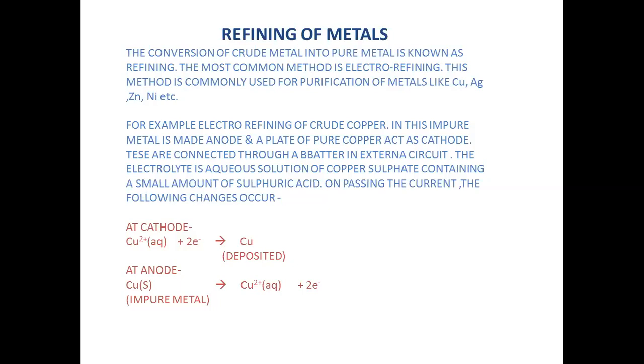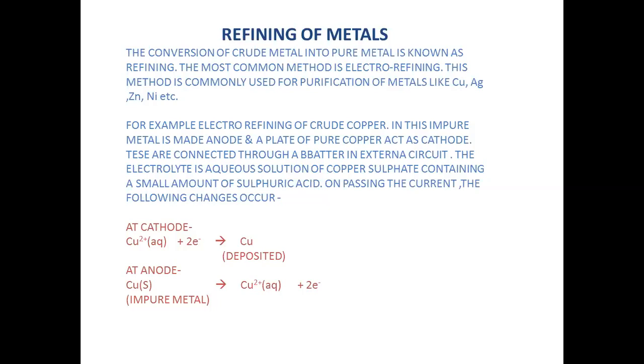First of all, at anode, as I've already explained, oxidation occurs, meaning loss of electrons. So first of all, copper, that impure metal which is present at anode, loses electrons and is converted into copper ions plus 2 electrons. And these electrons are in the solution. Now, at cathode, what happened? Pure metal is there, which is acting as a cathode.